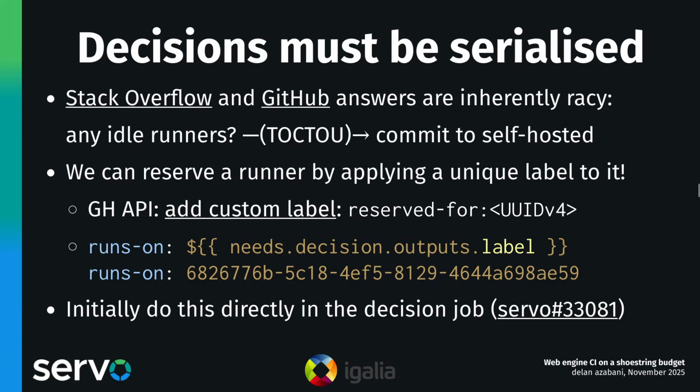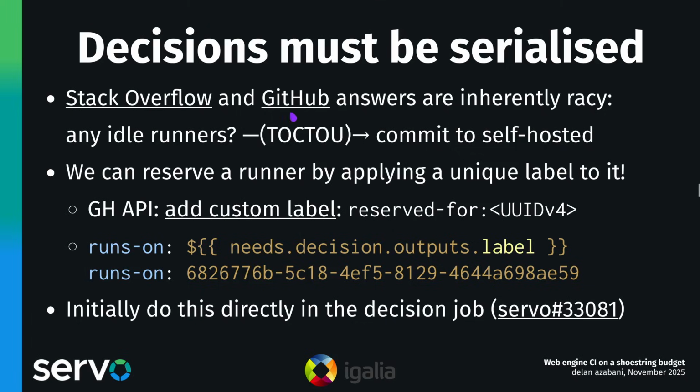The reason for this is something you'll see if you think about a lot of the answers that you get on Stack Overflow and the GitHub forums. If you look up how to define a job where I can fall back from self-hosted runners to GitHub-hosted runners, most of the answers have a problem where they check if there are any runners available, and then they make the decision, committing to either a self-hosted runner or a GitHub-hosted runner.